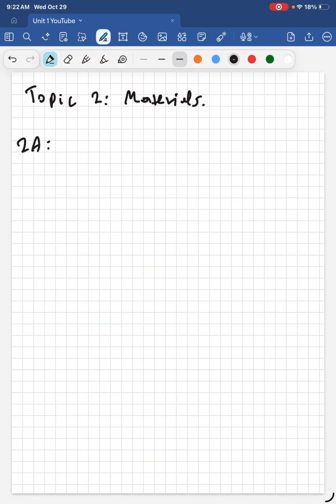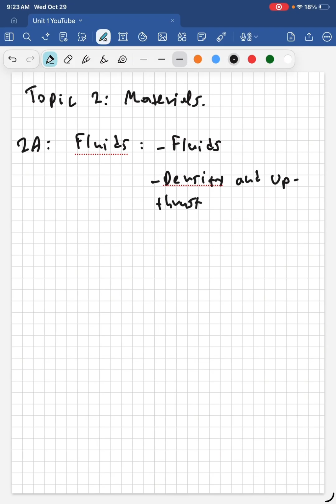2a called fluids. Here we discuss fluids, density and upthrust, fluid moment, viscosity. Give me a second. I want to check something. Maybe I made a mistake here.